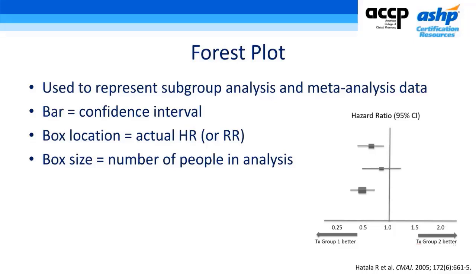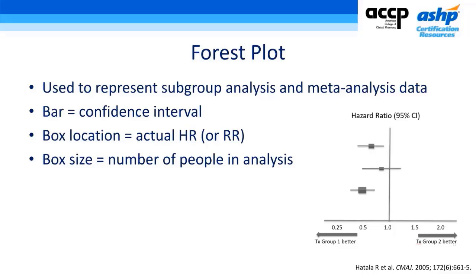And then the box size depicts the number of people in that analysis. So you see the second bar has a smaller box compared with the bottom bar has a bigger box and a much shorter bar. So that means there are more subjects in that analysis there.